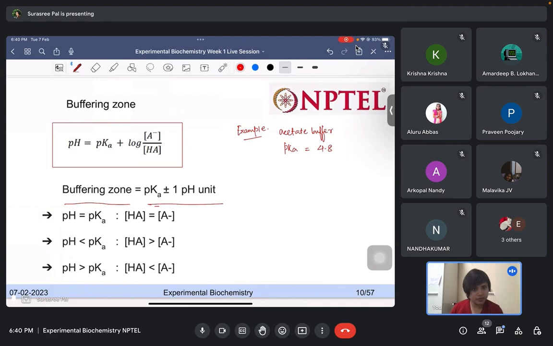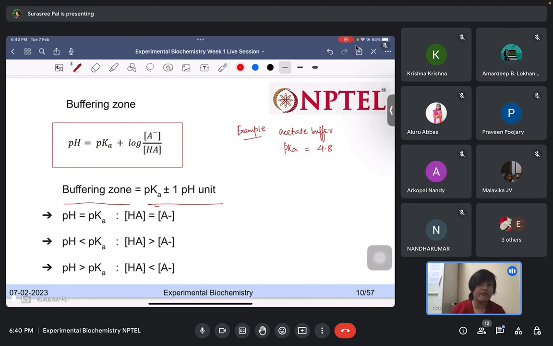So that means what will be the buffering zone? What is the buffering zone? First of all, the buffering zone is the range of pH where the buffer is most effective. That means where it can resist any small addition of acid or bases. So it can resist the change of pH.